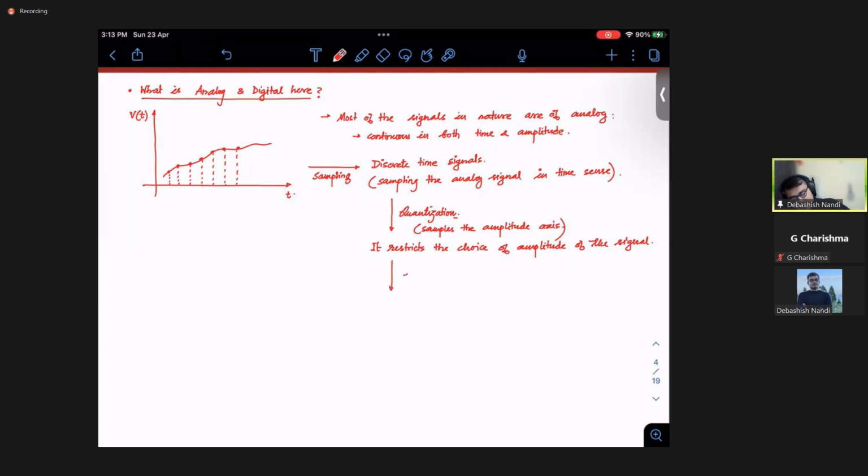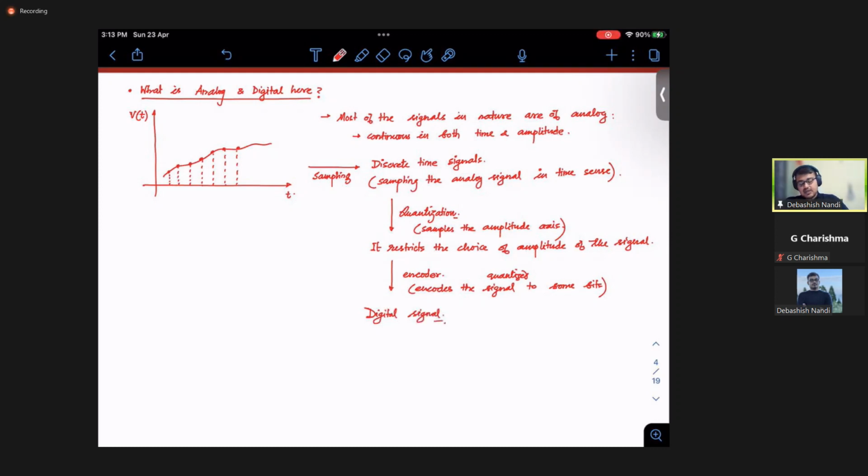So at the next step, you have an encoder. It encodes the quantized signal to some bits. Okay. And after that, you get your digital signals.